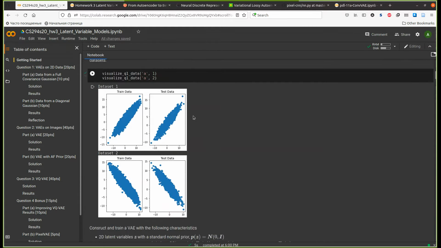We have data, which is just a random sample from a Gaussian with a non-diagonal covariance, a full covariance matrix, right? So the values, x's and y's here on the plot, are correlated, as you can see.